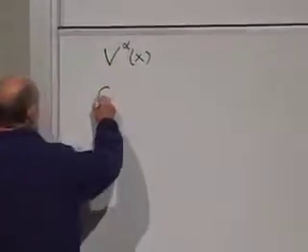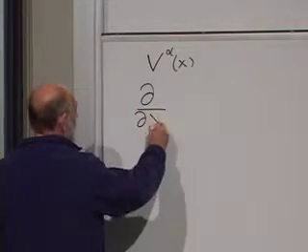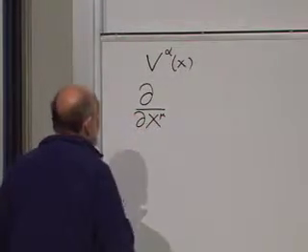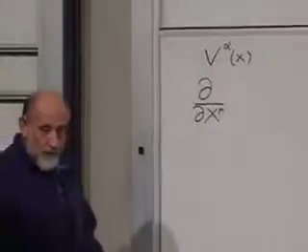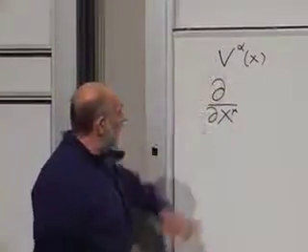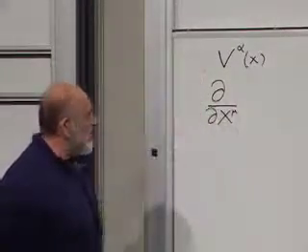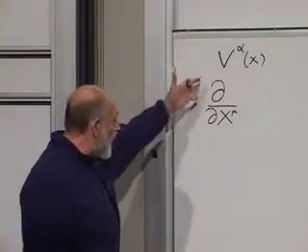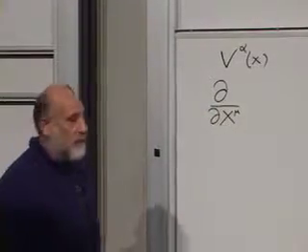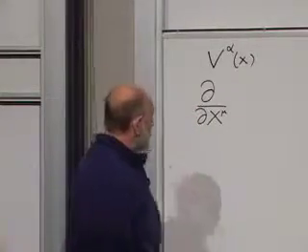A derivative with respect to x mu is an operation that can be applied to V alpha of x, and therefore we call it an operator. That's one kind of operator, a derivative operator.